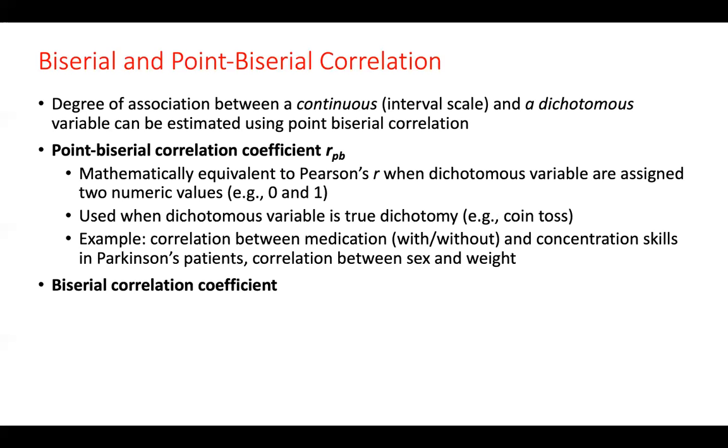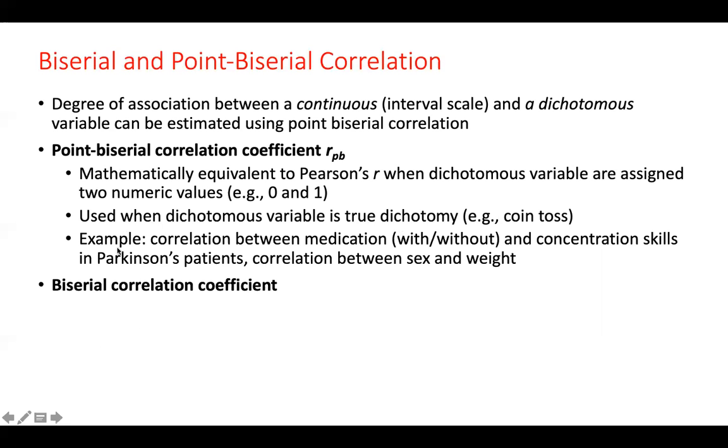When you actually have good reason to believe that the dichotomy on the second variable is artificial, you can correct for that, and you can use the biserial correlation coefficient.